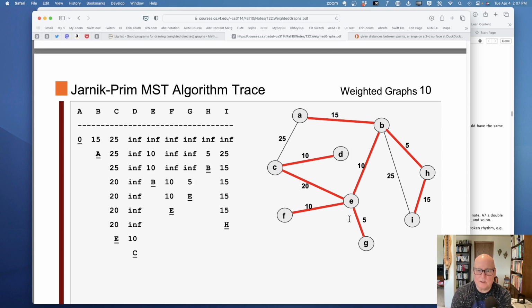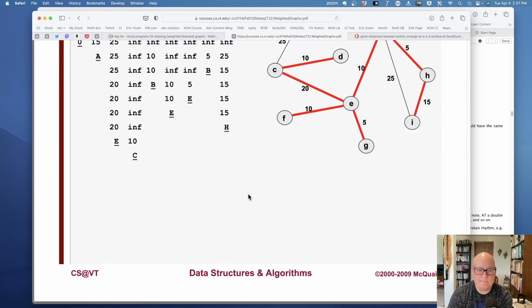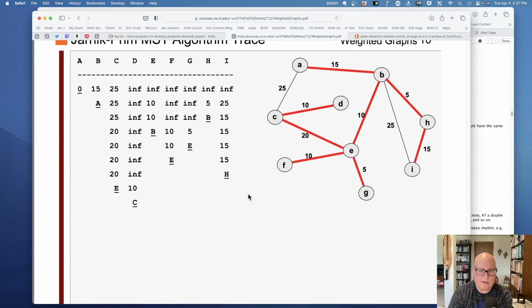All right, but we can work out these costs and get this spanning tree. Basically, you could kind of look at something as the root of it, and then the nodes 1 away are children, and then 2 away is grandchildren, and so on. Okay, a different way to look at it.